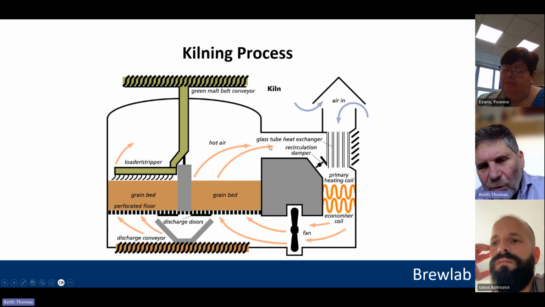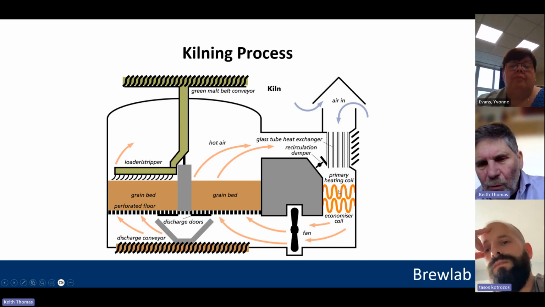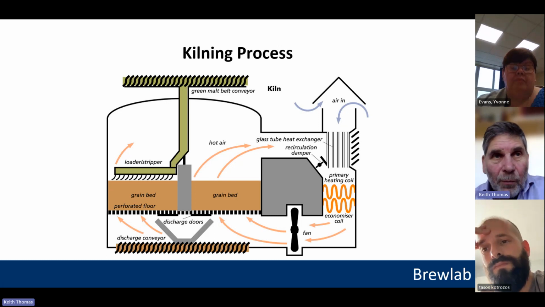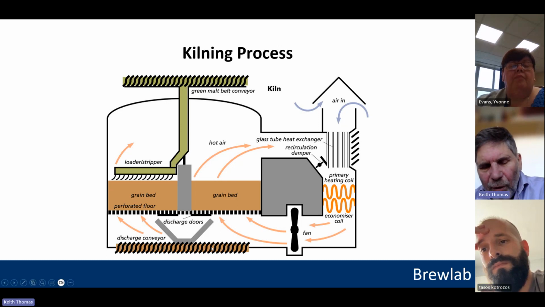So it's a matter of controlling the fan speed, the heat of the coil, and the circulatory system, not having the bed too thick to inhibit the flow of the air through it. And when it's discharged, it's taken away by a conveyor as well.